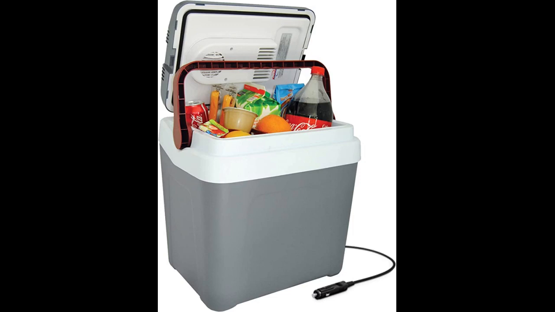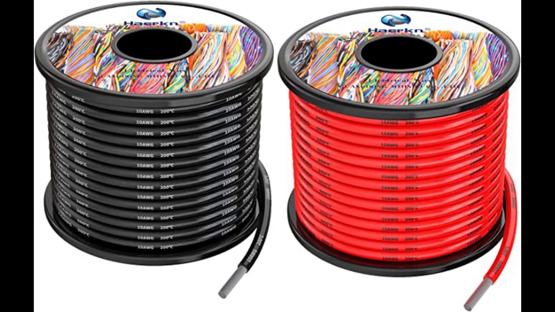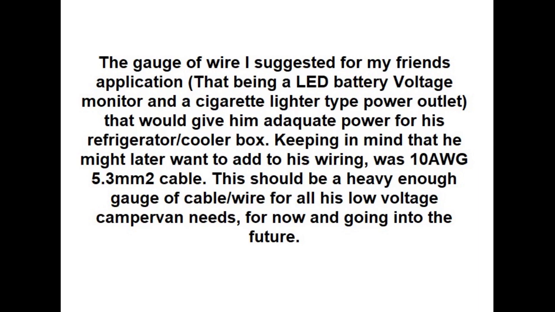This being the case, so that he would get a correct reading from the LED battery gauge, a heavier electrical cable should be used. 1, due to the wattage amperage draw of the refrigerator. 2, to give a realistic power figure represented on the LED gauge, without power drop-off due to the electric cable struggling to give an appropriate amount of voltage, wattage, amps.